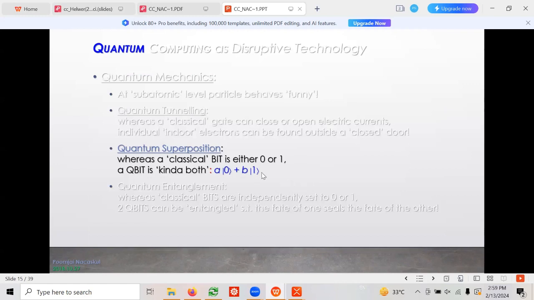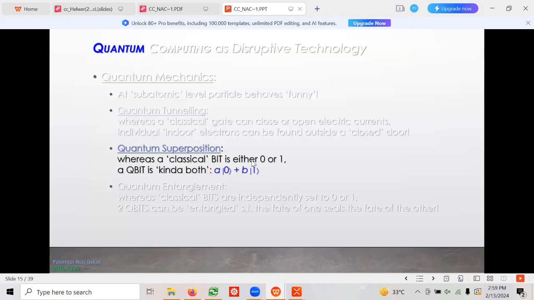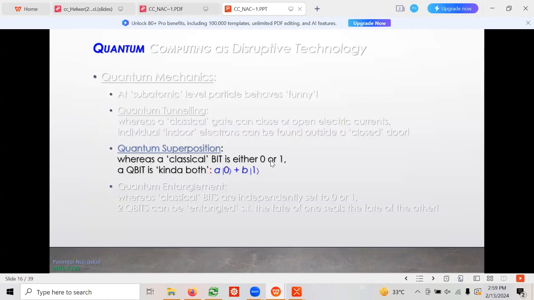So that's quantum superposition. In 1 bit, instead of having 0 or 1, you have both. I'll show you a definition later. You're kind of both 1 and 0, like a spinning coin.